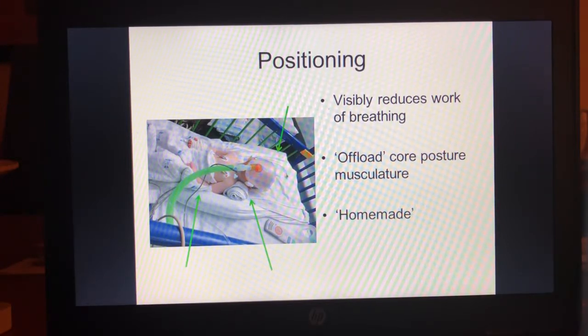The other important aspect of the positioning is highlighted in the top right-hand arrow, which shows that the bed has been raised towards 45 degrees.